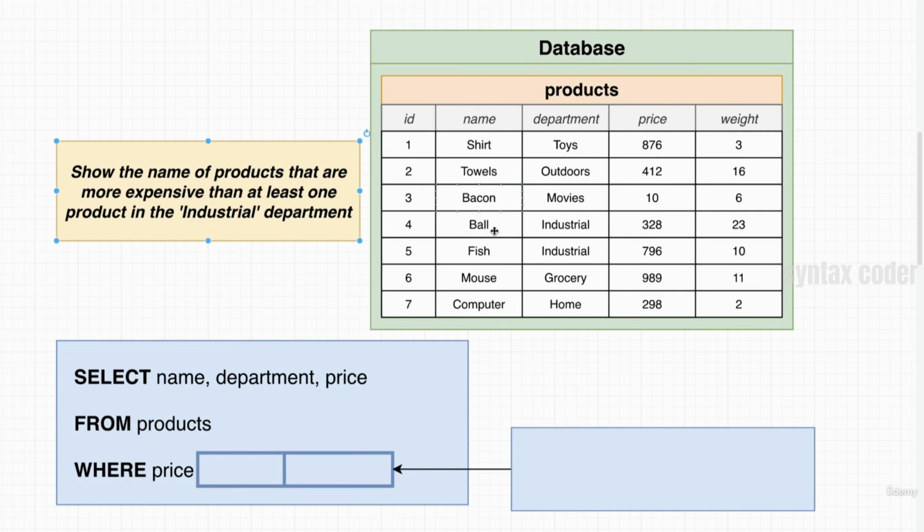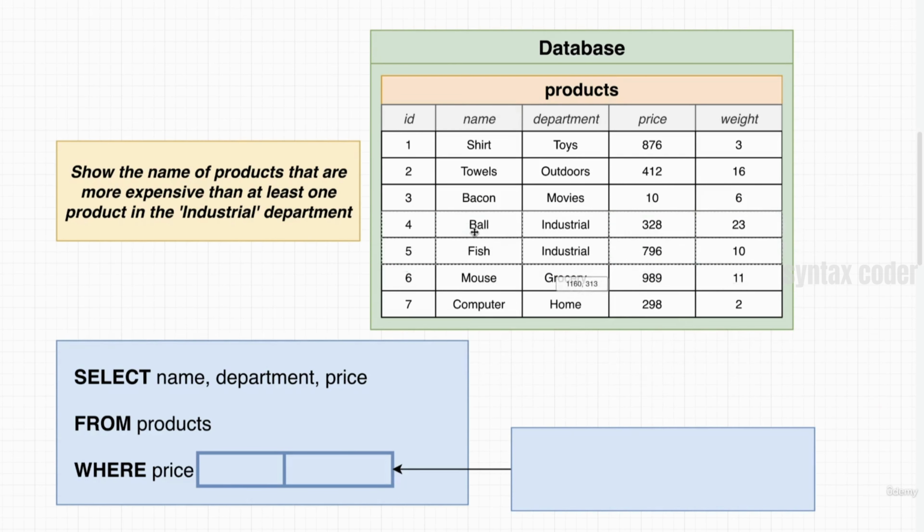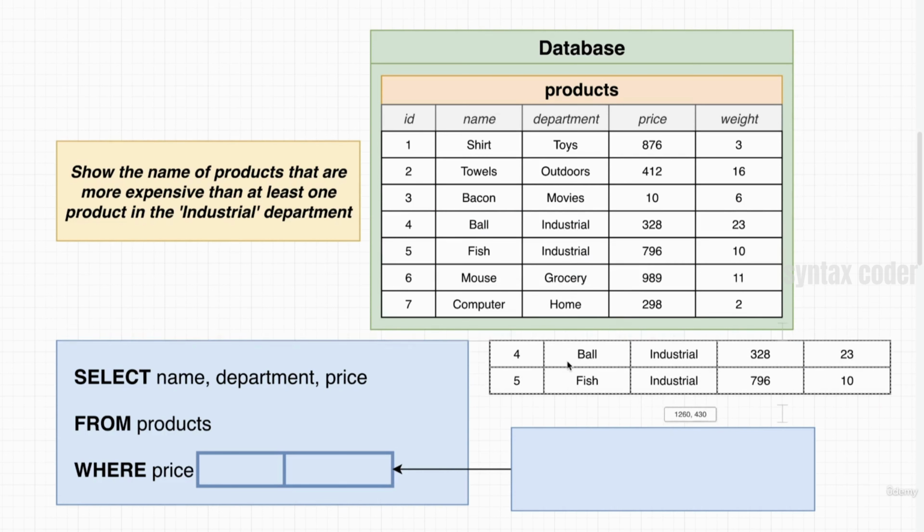Let's walk through this with the imaginary data set right here, just to make sure that the goal is super clear. The first thing we'd probably do is try to find the price of all products in the industrial department. So we would take these two products right here. And technically in this case, because we're using sum, it's more like a copy, just a very small detail.